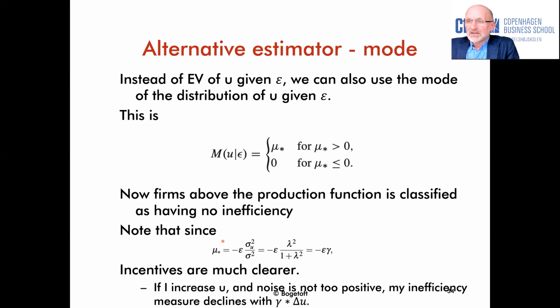And we can also look at this mode here. It's actually just the composite error term multiplied by gamma, which is some number less than 1. So it is relatively straightforward in terms of incentives. If I increase my slack or my inefficiency, that means that the estimated value will increase.